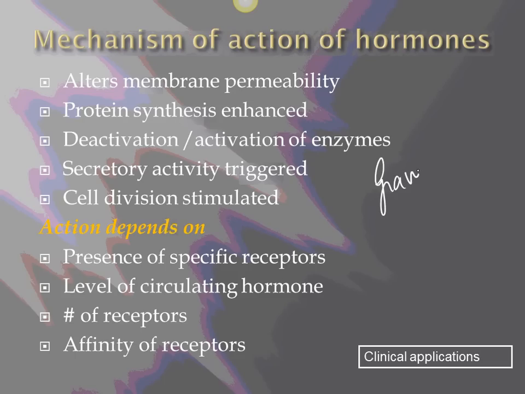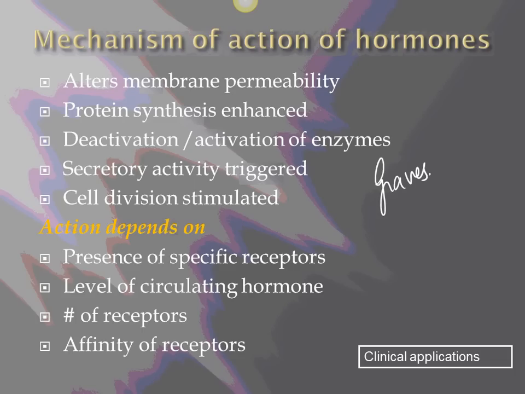I mentioned it briefly when we did the immune system. Graves' disease is an autoimmune disease, right? Here there are antibodies which are produced, and these antibodies are very similar to the thyroid stimulating hormone. So they are antibodies against the thyroid tissue, but they resemble the thyroid stimulating hormone.